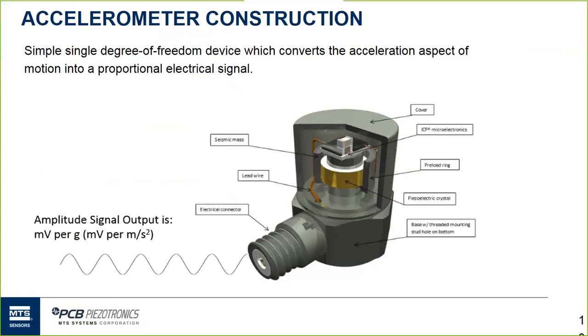An advantage of that is a high level output, typically 5 volt full scale, and it also allows you to use lower cost cabling and gives you a cleaner system, not as sensitive to other effects like contamination, dirt, etc. So that's a quick overview of what an entire accelerometer looks like from a cutaway perspective.